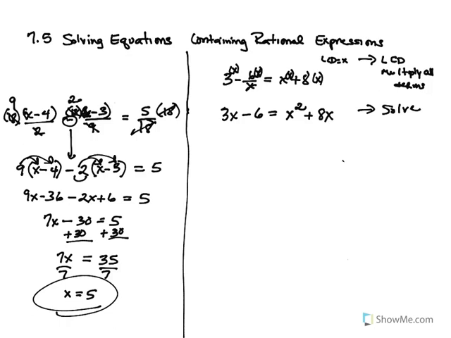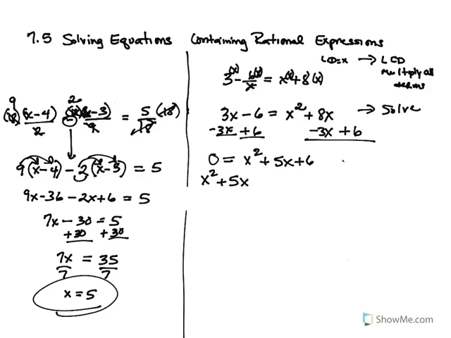Because he is already positive, everybody else is going to move to his side. So I'm going to move the 3x by subtracting it, and I'm going to add the 6. So when I do that, I get 0 equals x squared plus 5x plus 6. I'm going to rewrite it because I like my 0 in the back and not the front.